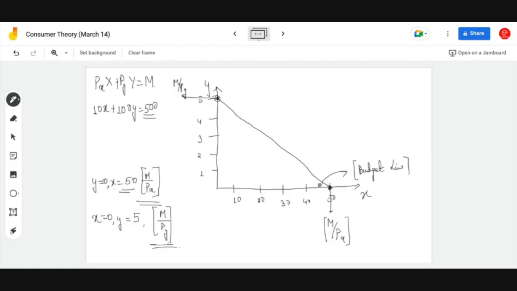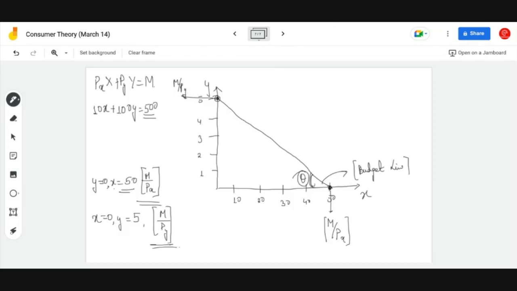Now, can you tell me what is the slope of this budget line? Minus Px by Py. Why minus Px upon Py? It slopes downward from left to right. This is a simpler way of answering.